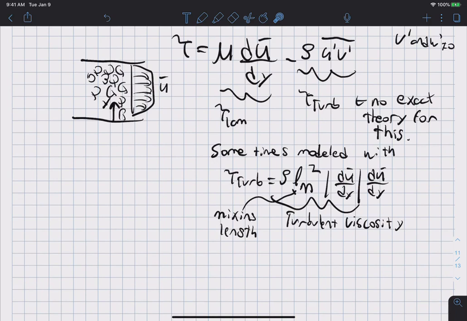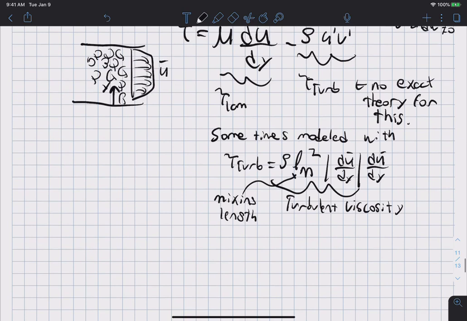Okay? But now what's interesting is that the turbulent viscosity is not a constant, but it's a function of the flow details. So the turbulent viscosity is not a number you pick out of the back of a book. It is dependent upon the flow field, and that's another reason that turbulence is really difficult to analyze.